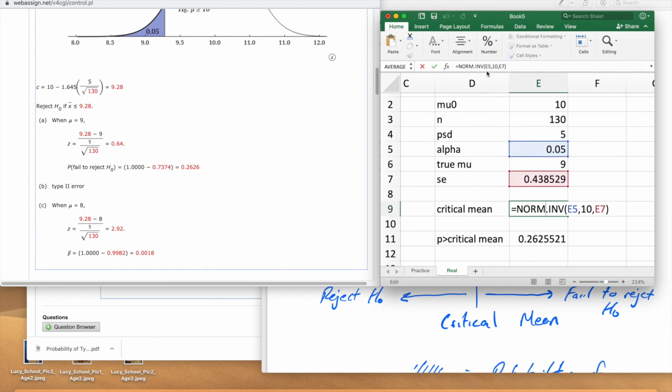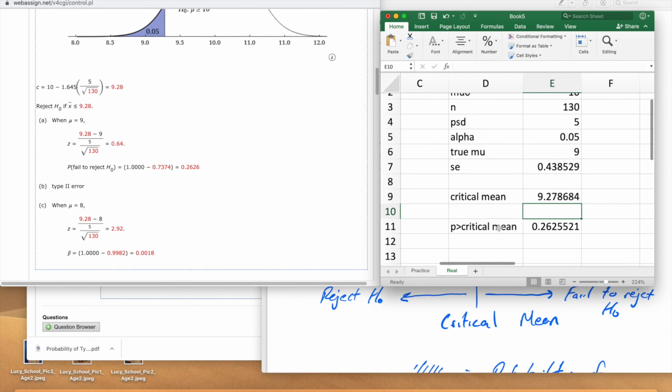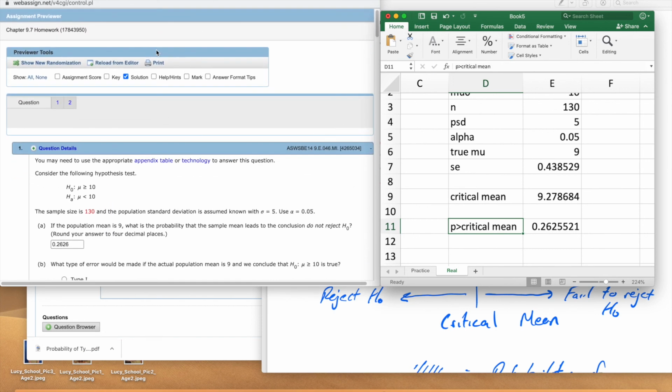You can tell Excel any mean and standard deviation, and it'll give you the probability. So we just jumped straight from this distribution to the critical mean. We didn't do the intermediate step of finding the Z-score. And then we just calculated the probability of being to the right of that, which is 0.2626. And that's 0.2626 right here. Okay, so that's how we do those problems.